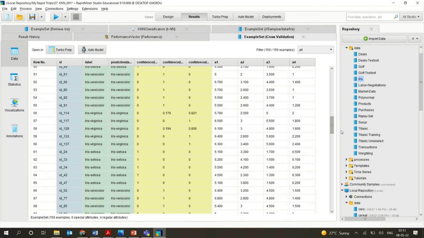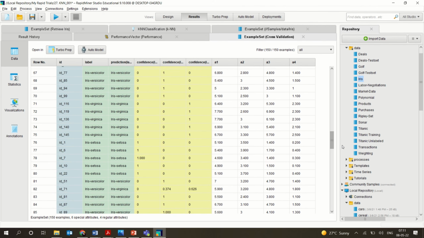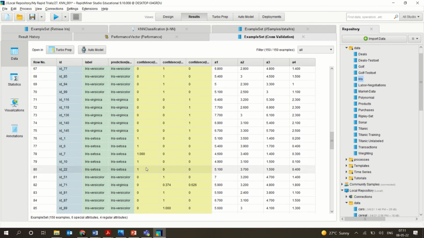Setosa was, I'm unable to see here, but see here, this is Versicolor and this is actually Versicolor, but it is predicted as Virginica. So it is 0, and how much similarity there is, that similarity measure is shown here.